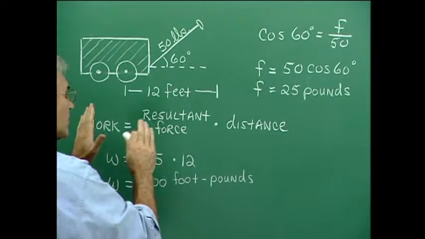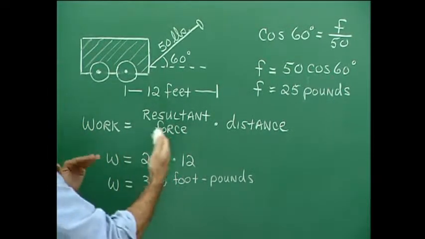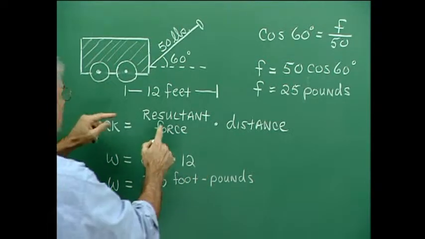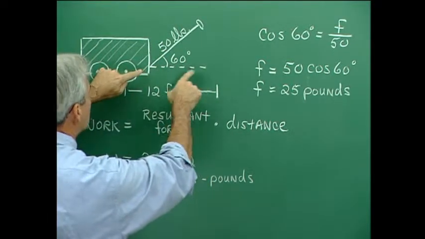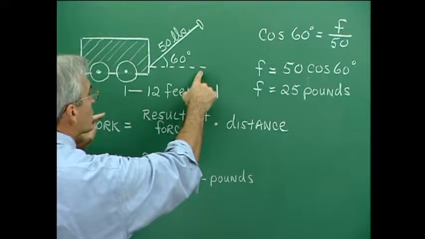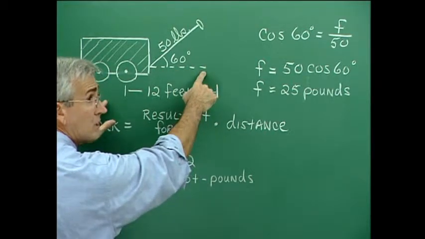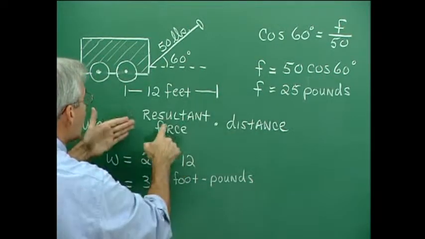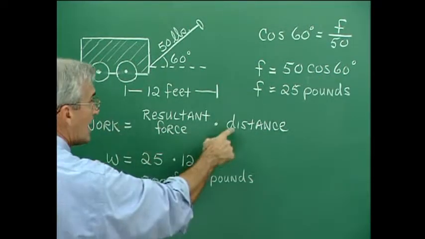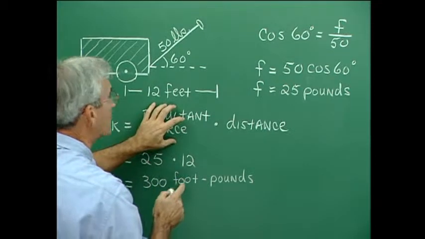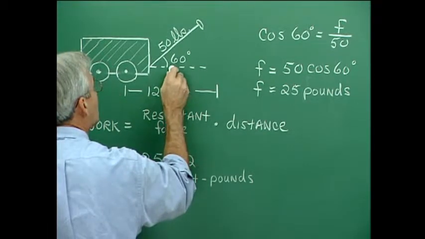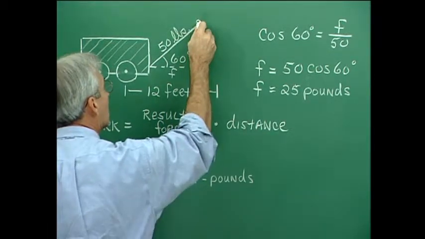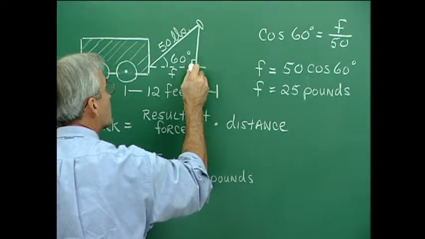Well, it's a similar idea to the notion of force times distance, but we want the force along this line. We want horizontal force. We want the force along the same direction as the movement of the object. So we want a resultant force times distance. Now, what about this resulting force? It's the resultant force right here, and we have a right triangle situation.